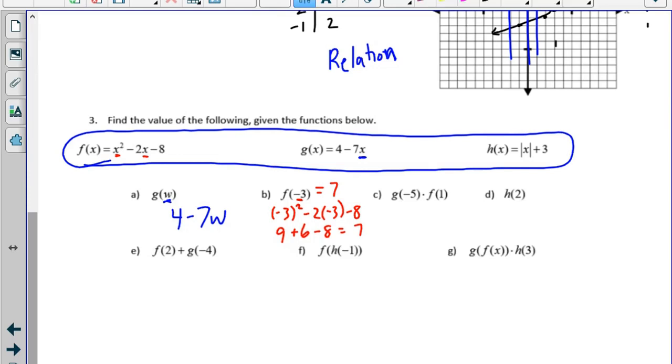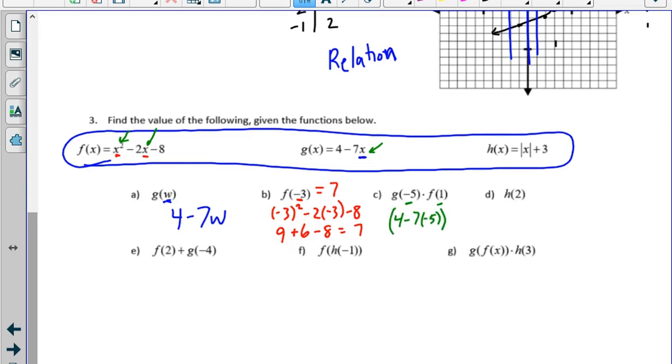G of negative 5 times f of 1. So I'm going to take negative 5, substitute it anywhere there's an x in g, and take 1 and substitute it anywhere there's an x in f, and then figure out what's going on. So g of negative 5 is 4 minus 7 times negative 5.